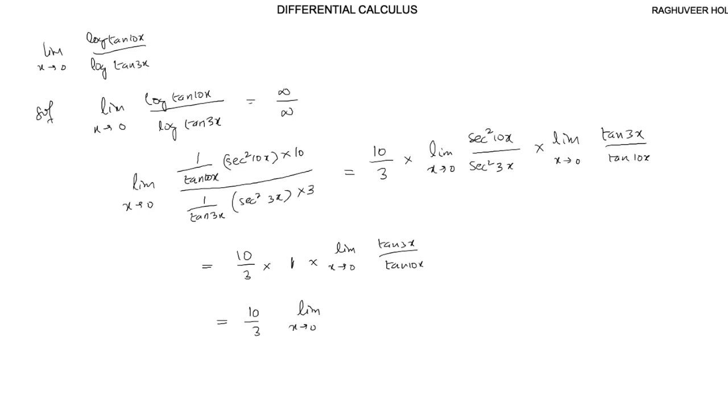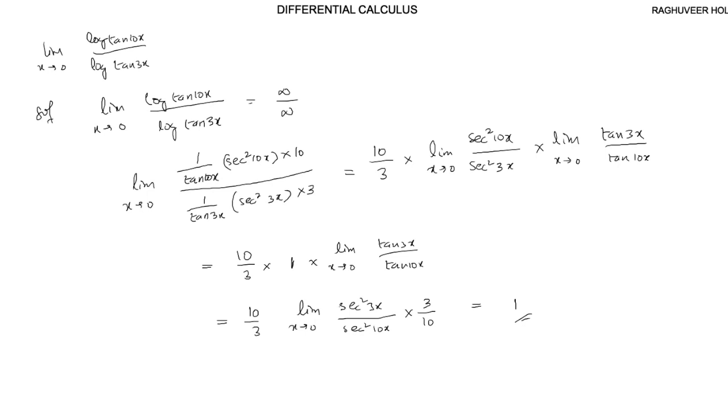Again differentiating with respect to x, we get limit x tends to 0 of secant square 3x by secant square 10x.